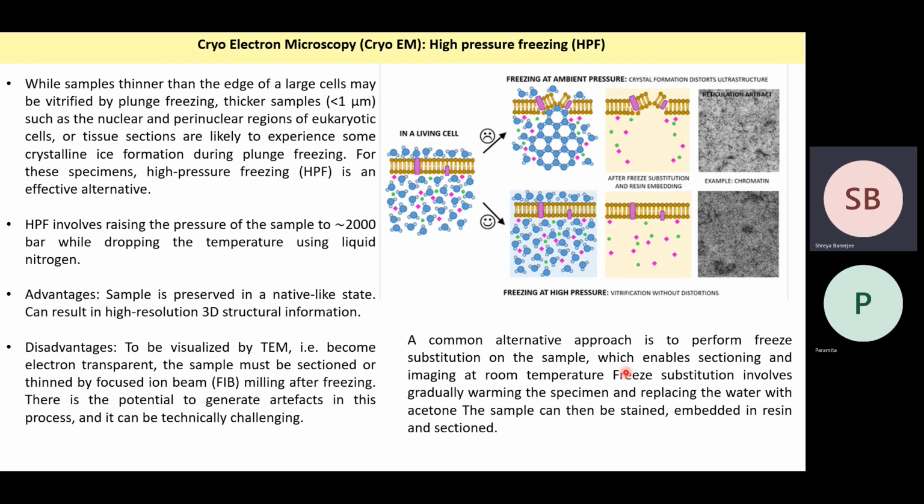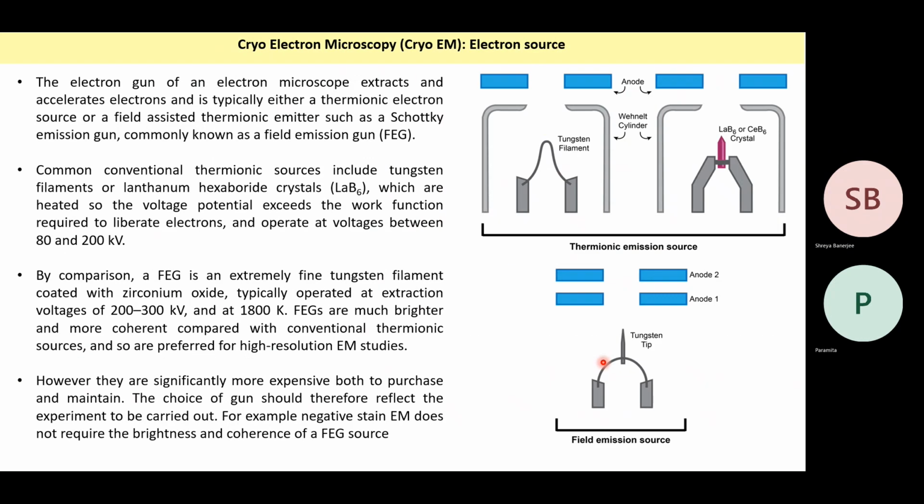What you can do is freeze substitution. In freeze substitution, the water is replaced by acetone, and acetone is not going to form hexagonal crystals like this. Acetone will freeze in the same conformation as in the native cell. And so the conformation is not destroyed, and you can observe even thin samples.